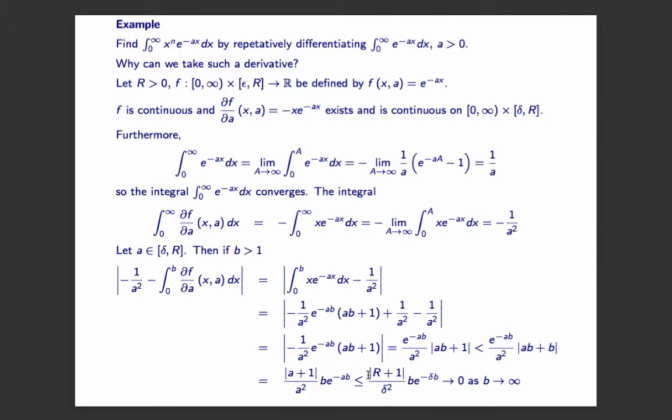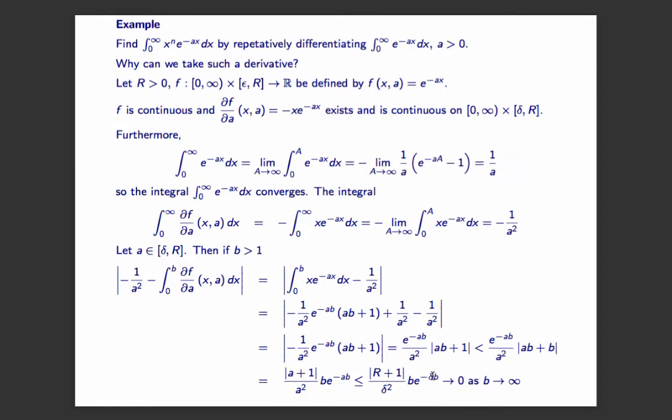Well, in fact, I can do that because a is between delta and r. A is bounded by r above and by delta below. Therefore, I can bound this using r here and delta here, and then also delta there, right?